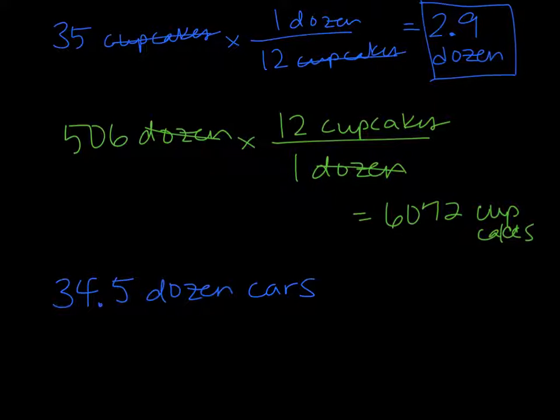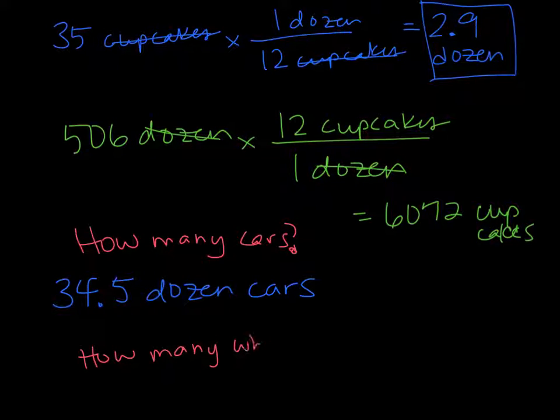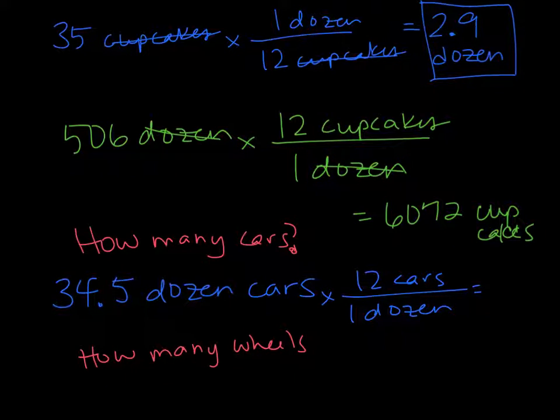And we want to know how many cars that is. So the first question is, how many cars? And the next question is, how many wheels? All right. And so again, I'm going to put 1 dozen on the bottom. So 1 dozen cars would have 12 cars. And so that would be 414 cars.